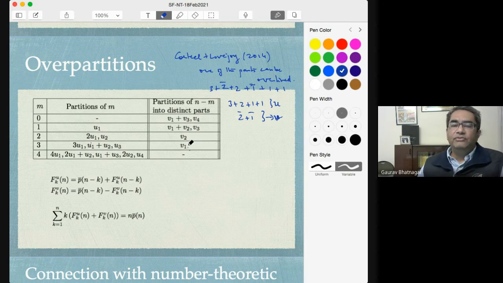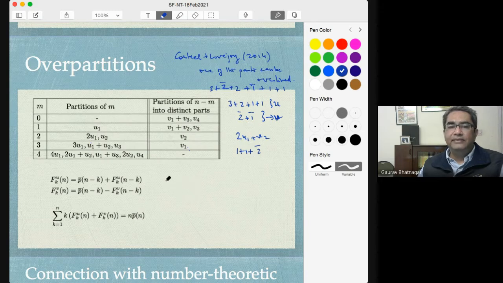So V1 plus V1 is not allowed. So I just have V1, V2 here. I can do V1 plus V2 here, and then a new one, V3, and so on. And then I just add them together. So, for example, 2U1 plus V2 represents 1 plus 1 plus overlined 2. So I just add these 2 up.